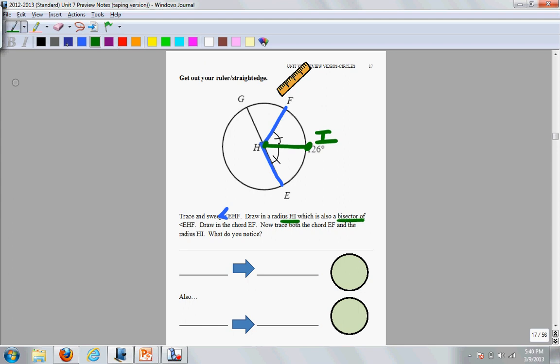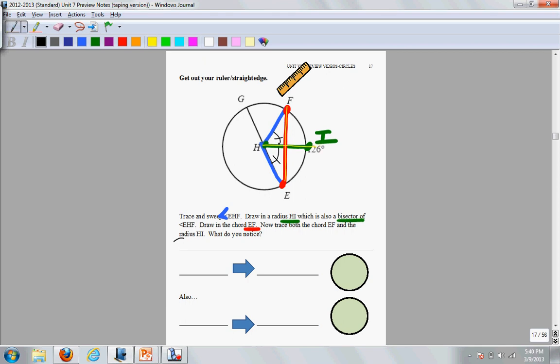Now we're going to draw in the chord EF. So E to F, this is where I'd like you to get a straight edge. You're going to draw in the chord. Now I'd like you to trace that chord, and I'd like you to trace the radius HI.